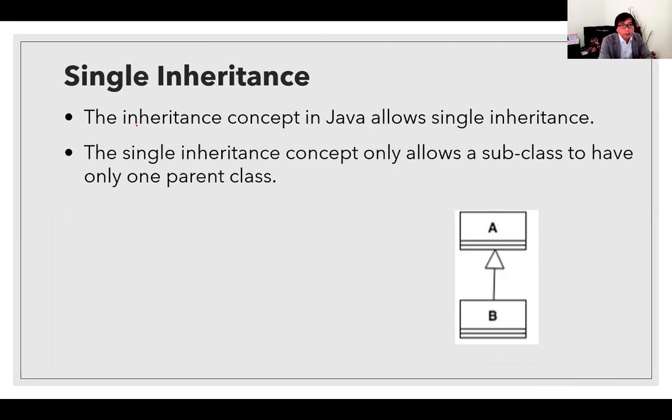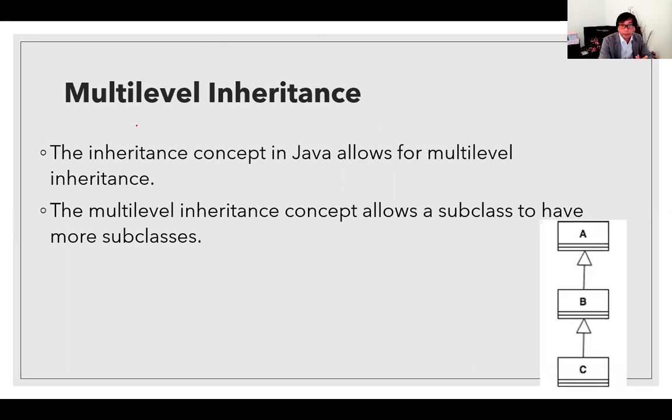And the second inheritance would be the multi-level inheritance, where most of the application tools support this kind of inheritance. Luckily, Java already supports this kind of inheritance. It means that it will allow a class to be derived into another class like this one.